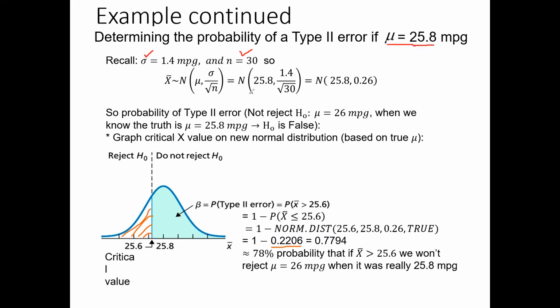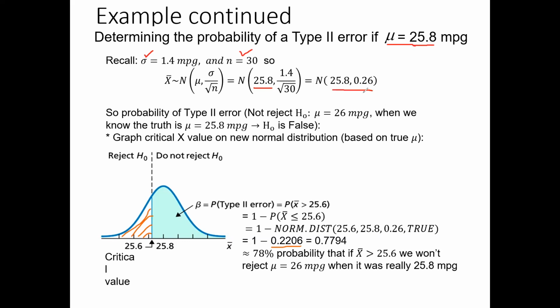And we're going to say, okay, because that's actually the truth, the sample means will actually be distributed around 25.8 instead of 26. And the sample means will have a standard deviation of 1.4 divided by the square root of 30.